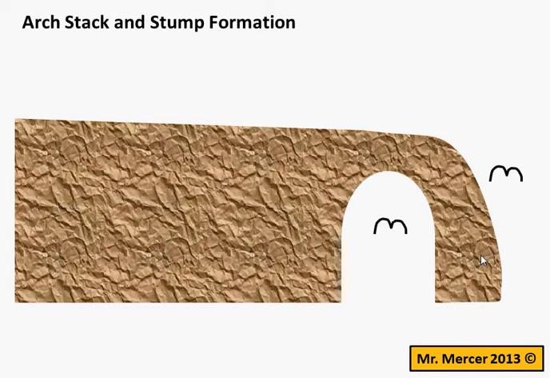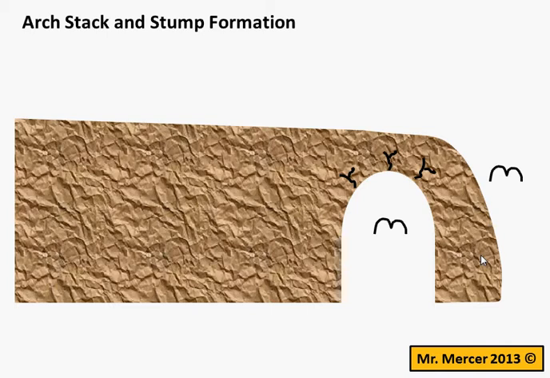Better would be to refer to weaknesses forming within the rock. You can see some weaknesses have just appeared. Now, those weaknesses could be because of weathering processes, such as biological weathering, where mosses and lichens put down roots into the rock and those roots break it apart.